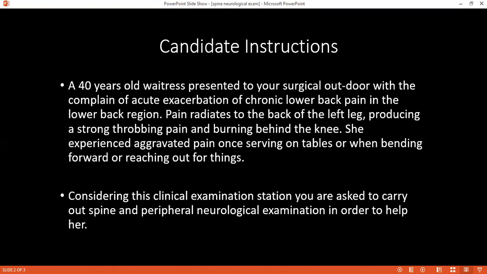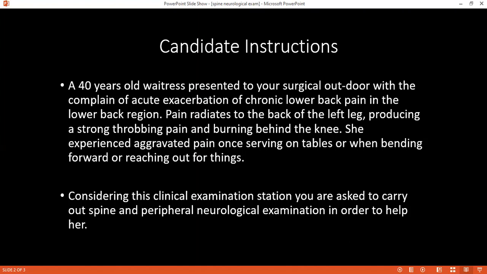And on sensation, there was decreased sensation on the lateral aspect of the leg and dorsum of the foot, and the extensor of the great toe was also affected. There was diminished range of movement on the lower back, and also there was tenderness on the lower back.